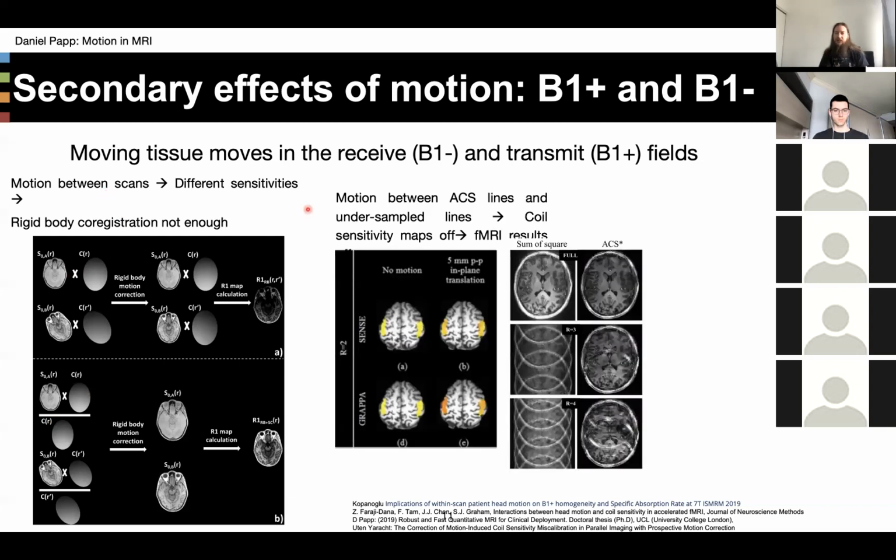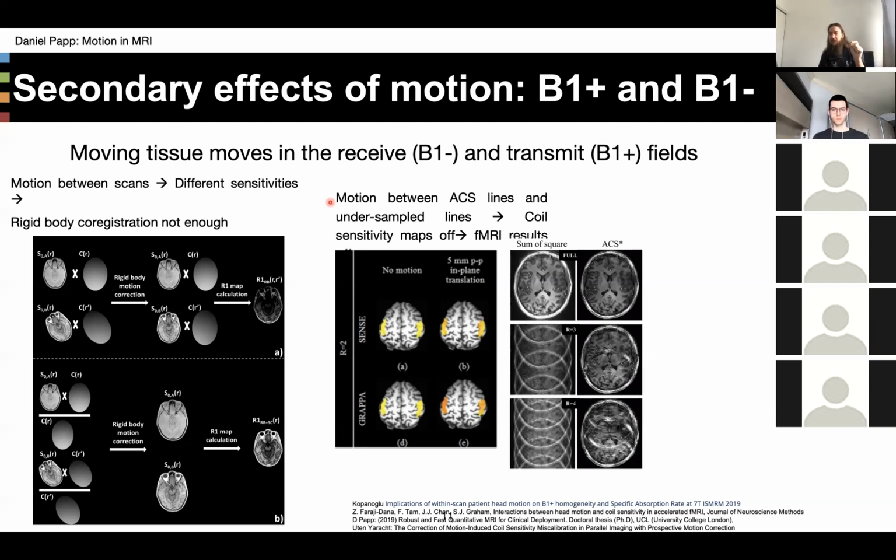Another way in which the receive field and motion interact are the ACS or auto calibration lines when you do undersampled or accelerated imaging. So what's going on in GRAPPA or in SENSE is that we take a central portion of the K-space and use that to calibrate our receiver sensitivities, and using that calibration, we can then fill in the lines that we skip using parallel imaging.